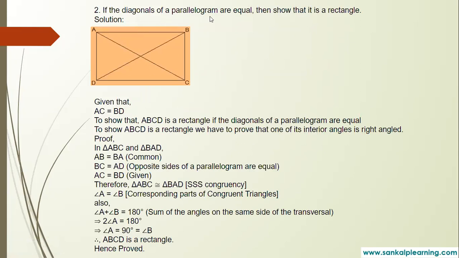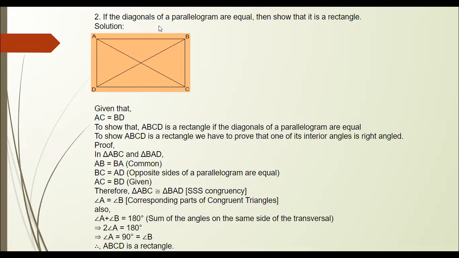If the diagonals of a parallelogram are equal, show that it is a rectangle. We know that. You know the properties of a parallelogram and a rectangle, right? Now let us see how to show it as a rectangle. 8.1, second one.